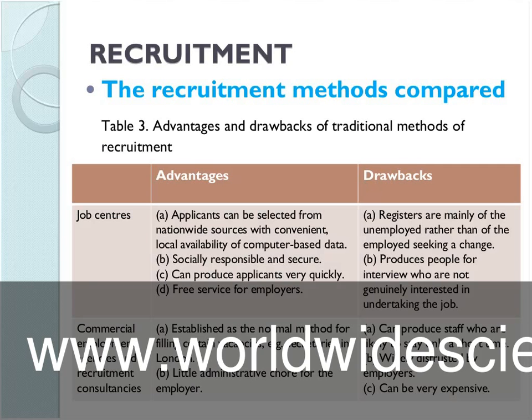Socially responsible and secure, and can produce applicants very quickly and pre-served for employers. The drawback is registers are mainly of the unemployed rather than of the employed seeking a change. Produces people for interview who are not genuinely interested in undertaking the job.